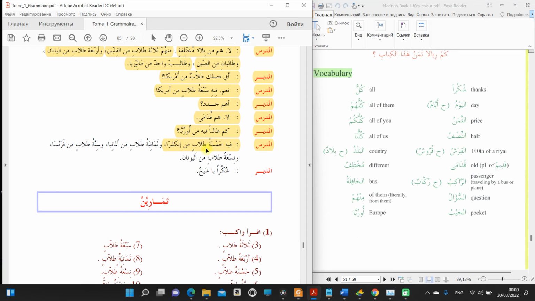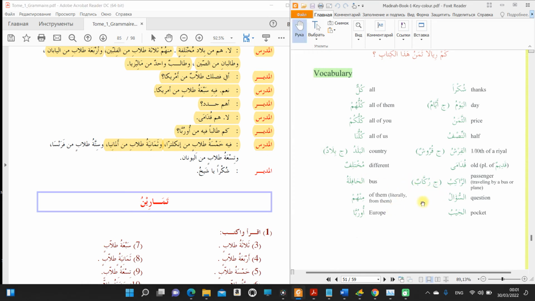There are 5 students from England in it. 8 students from Germany. Almania means Germany.